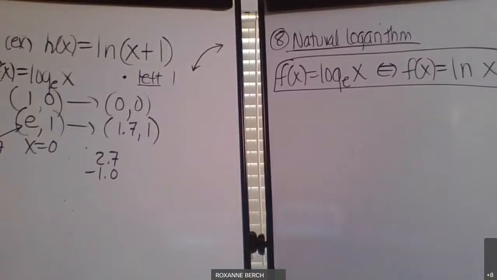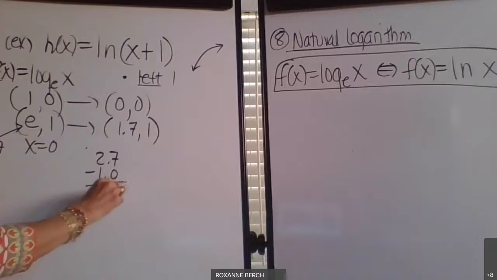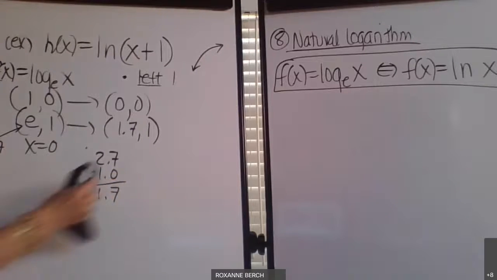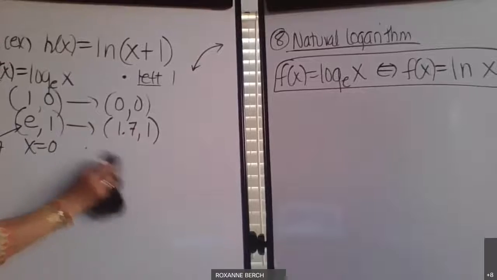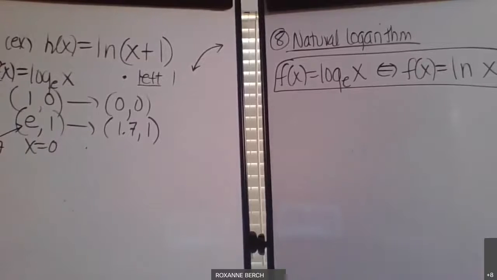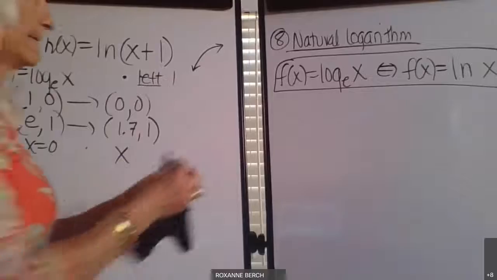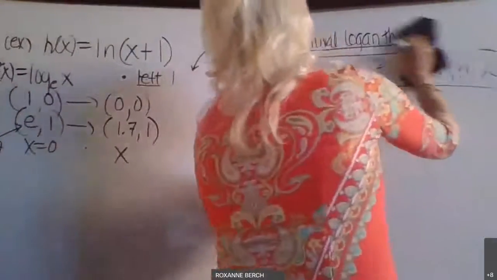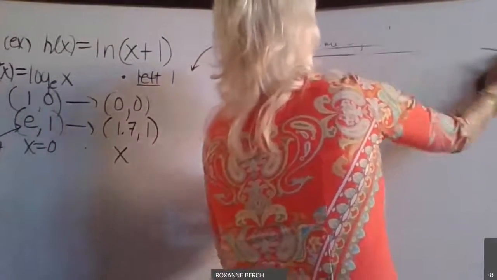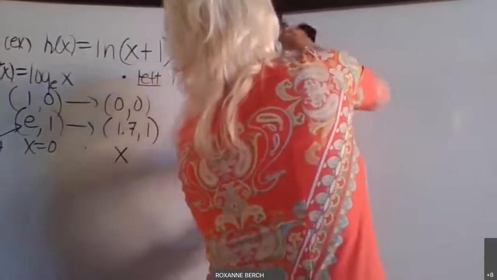Yes. You guys see what I did? The e number is 2.7. You have to subtract 1, make sure you line up the decimals, and that would be 1.7. Now, does the asymptote change or not? Yes. What's the asymptote? x equals what? -1. Thank you.